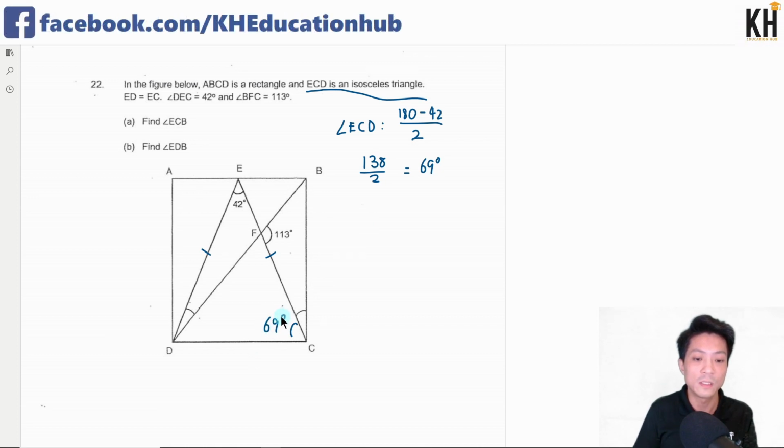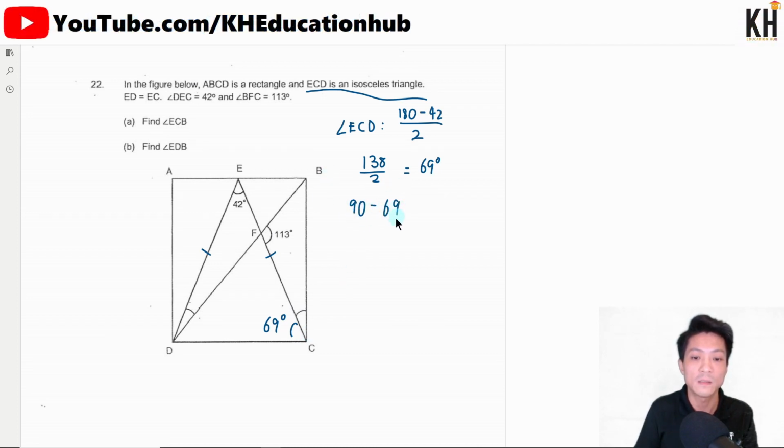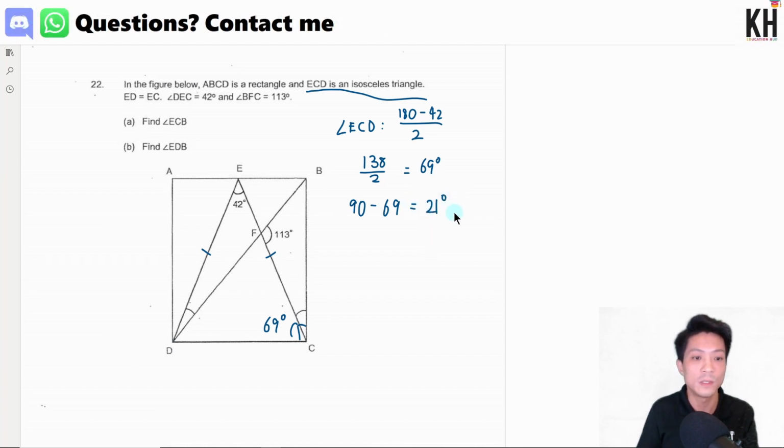So this is 69 here, and then to find ECB, I just need to use 90 minus 69, because this is a rectangle, and so BCD is 90 degree. So this will give me 21 degree. Answer for part A.